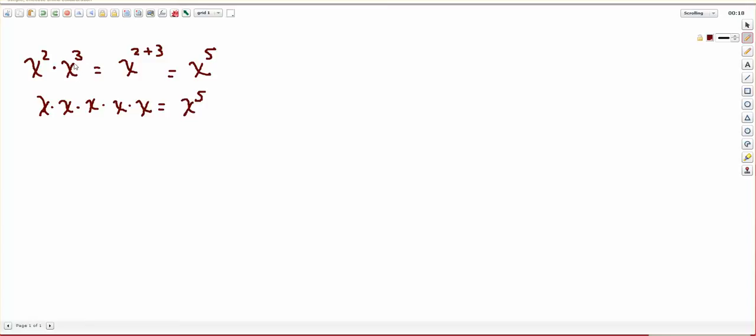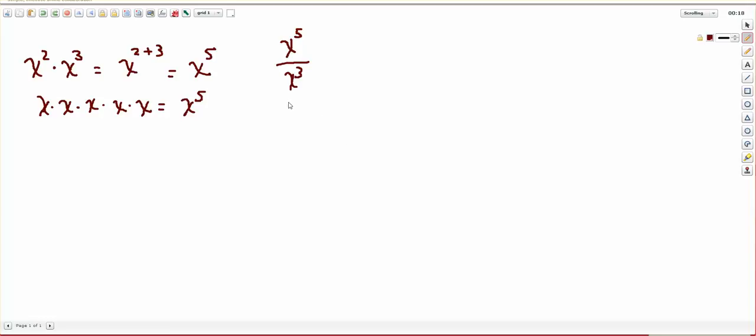Now something similar happens when we're dividing. Let's take a look at that real quick. This is going to be the division rule, the quotient rule. Some people list it slightly different, but basically we're going to be dividing with the same base. So say we have x to the 5th power over x to the 3rd power.